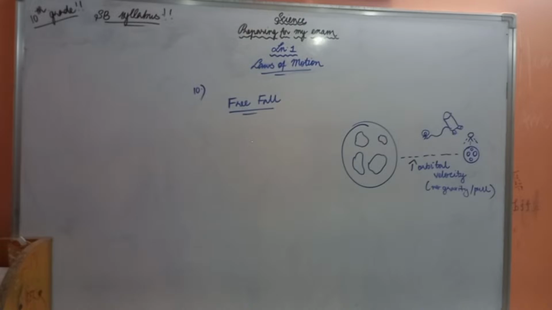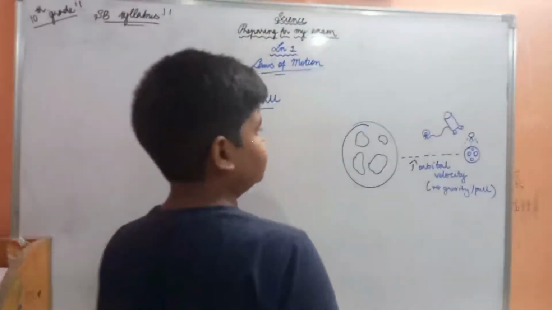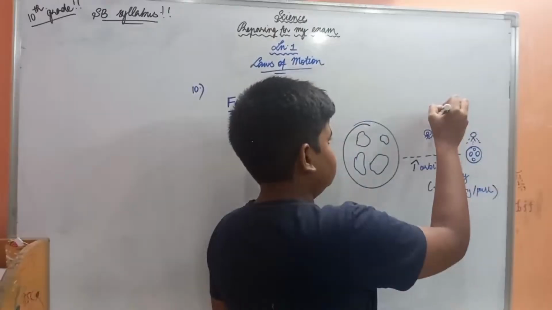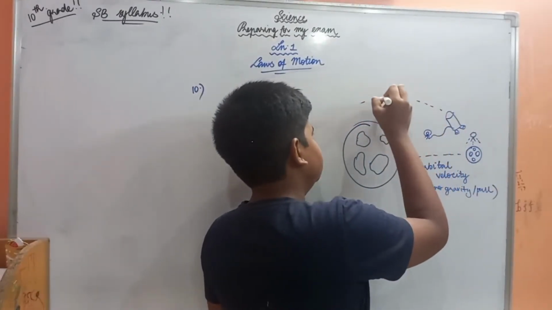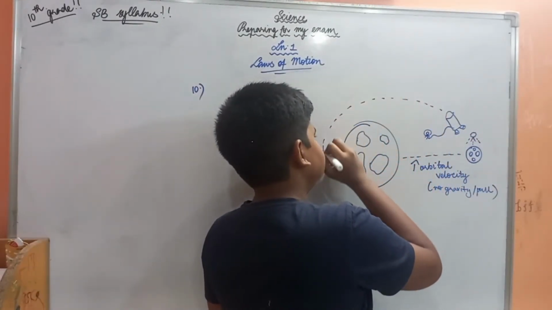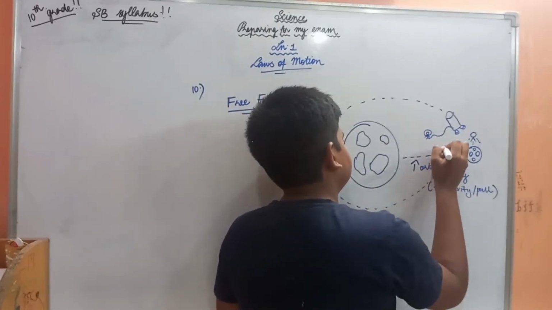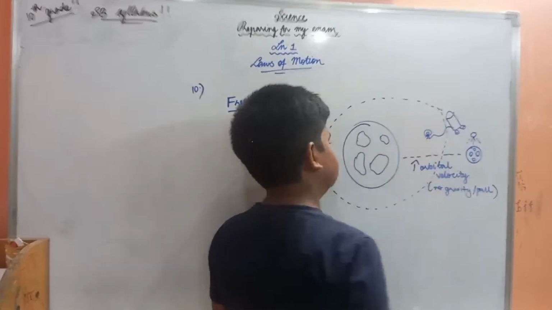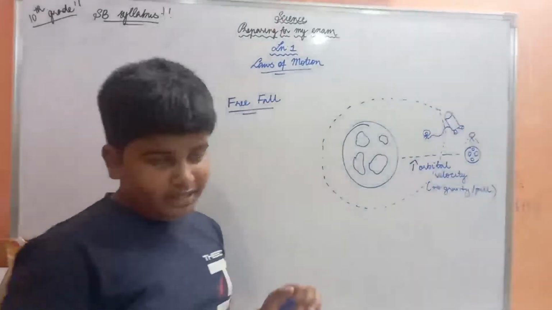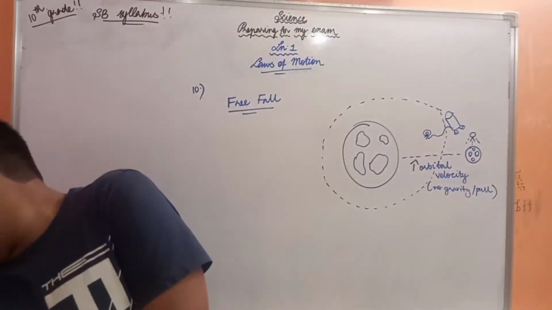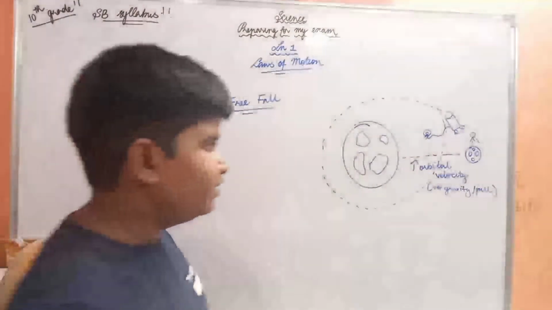Since the space station and astronauts have equal acceleration, the space station traverses through space, and since it does that, they are in a state of free fall and have equal acceleration.